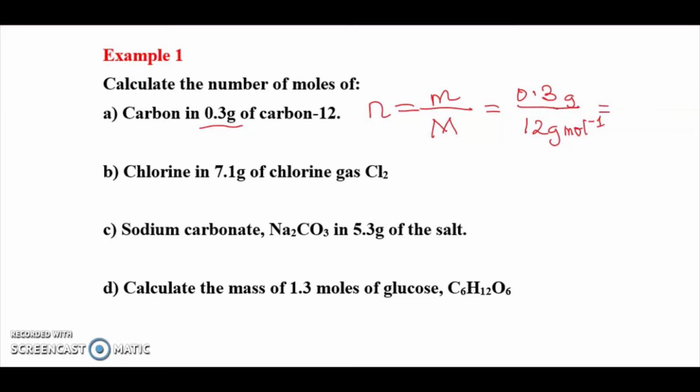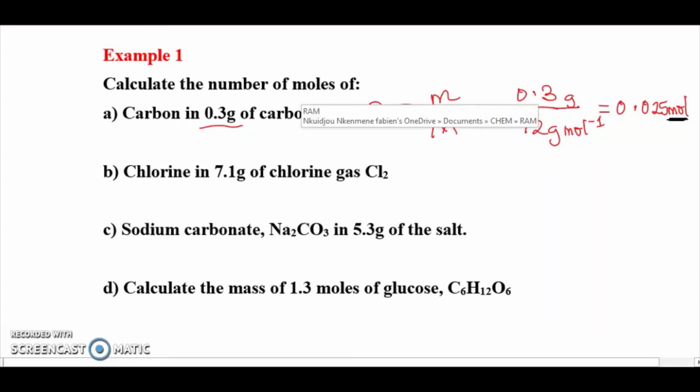So what does this give us? We now have 0.025 mole. Remember the unit for mole is mol, like this, mol. So that's it. Pretty simple, right? Mass divided by molar mass. Let's look at the second example.